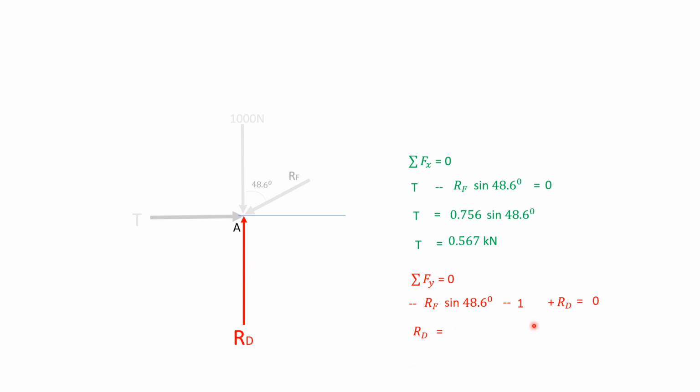So RD equals 1 plus RF sin 48.6, and substituting the RF value we get RD equal to 1.5 kilonewtons.